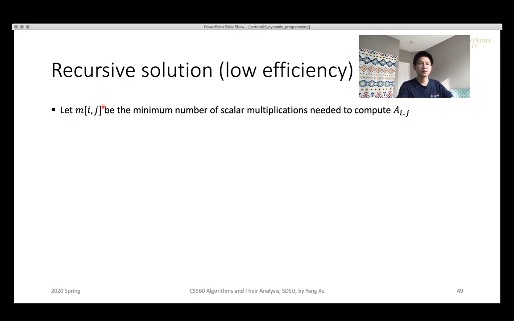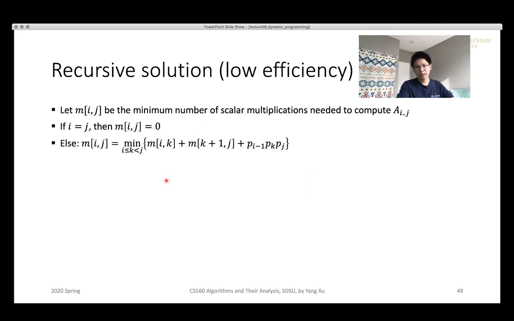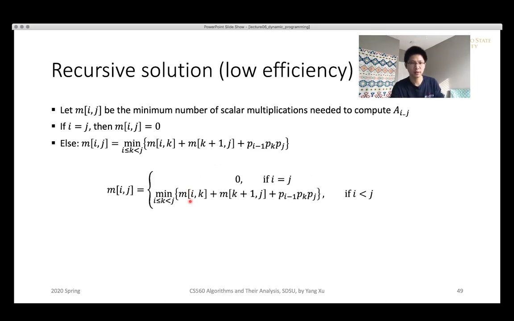Okay, so when i equals j, there's no multiplication at all, so the value should be 0. In other cases, m[i][j] should be written in this form, which is exactly the form that we showed in the previous slides. So we write a recurrence in this way.